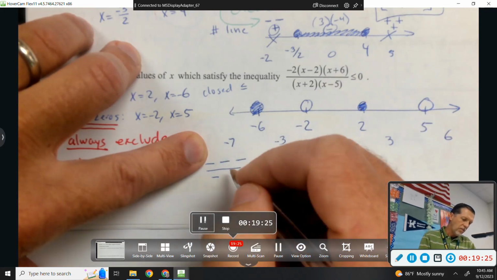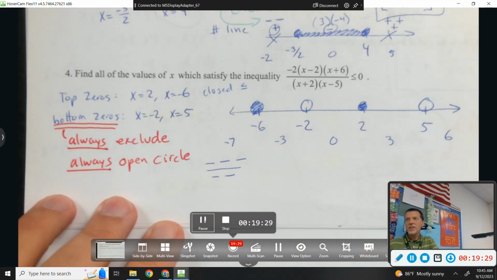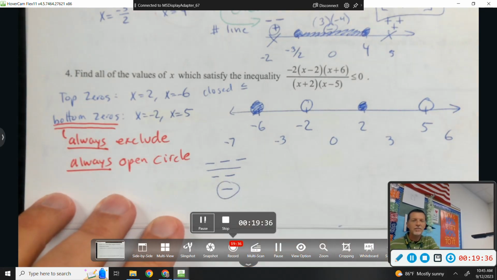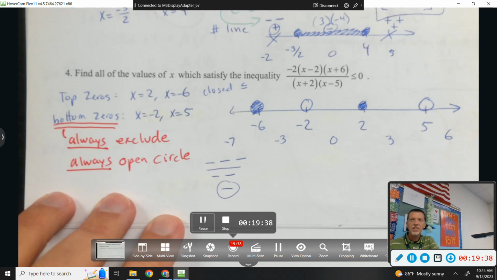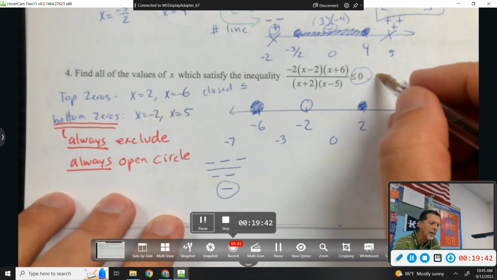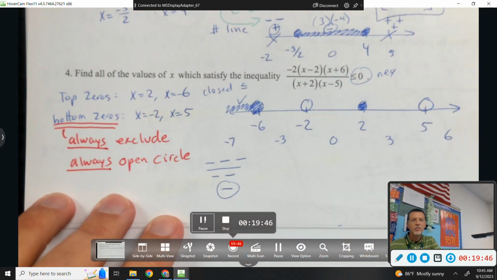Negative 7 minus 5, negative. And everybody knows that 5 negatives makes a negative. Okay, do I want a negative? Do I want to shade there or not shade there? Yes, because I want it to be less than 0. So I will shade that interval.